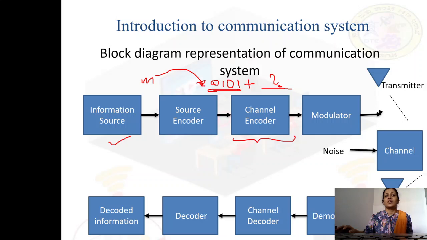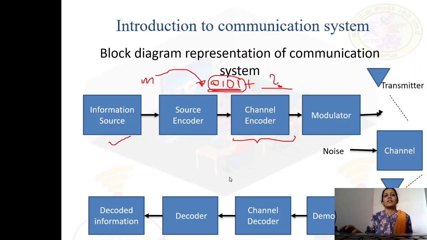Whenever you simply send the encoded data over a channel, at the receiving end this data might have suffered some error. So at the receiving end, we will not get to know whether the received data is erroneous or error free.